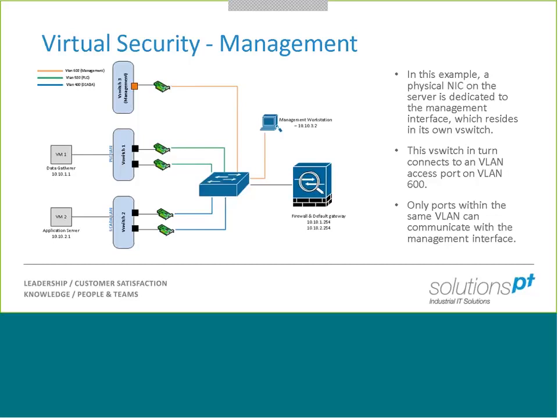And again, unless a port connected to that switch is VLAN 600, it cannot talk to the management layer. So although the representation on the diagram may not look as secure, we have to understand that VLANs are essentially completely isolated networks. They're completely separate from each other. They have no knowledge of each other, and unless you've got access to that managed switch, you will never be able to see those other VLANs.